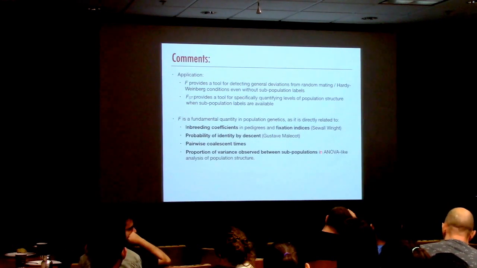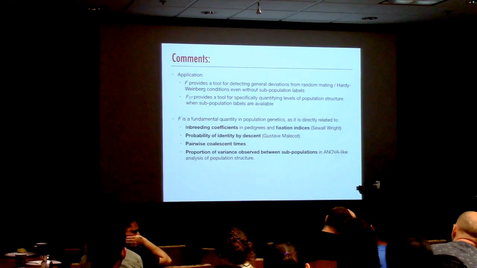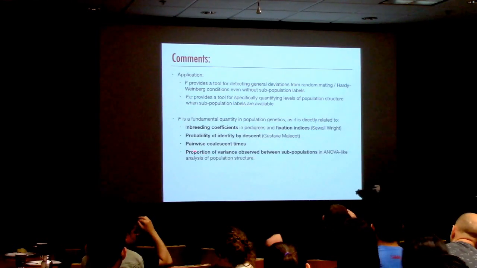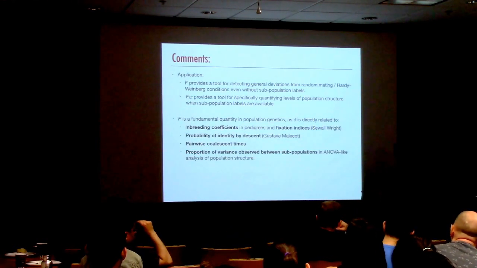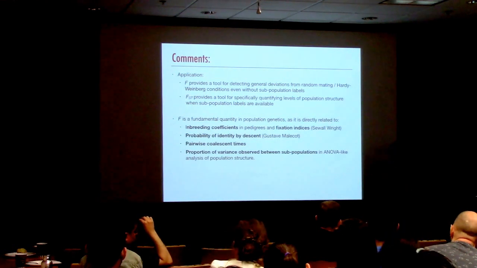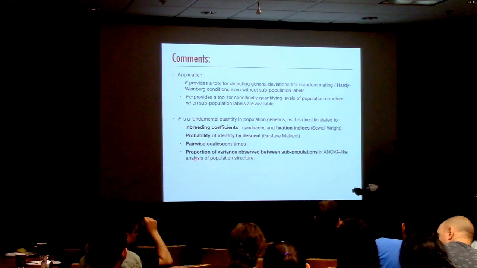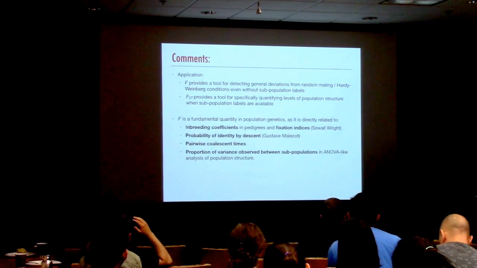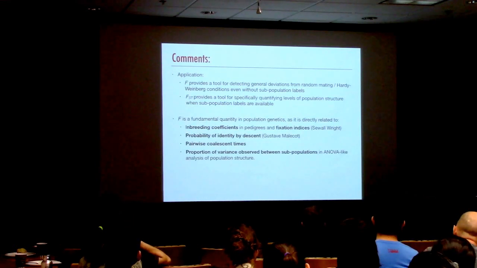And if you make an ANOVA-like analysis of population structure where you have labels for each population, then F, and specifically FST, will predict the proportion of variance observed between subpopulations. Okay, so this one number really unites a lot of different ways of conceptualizing population genetics, and has a lot of interesting history and theory behind it.